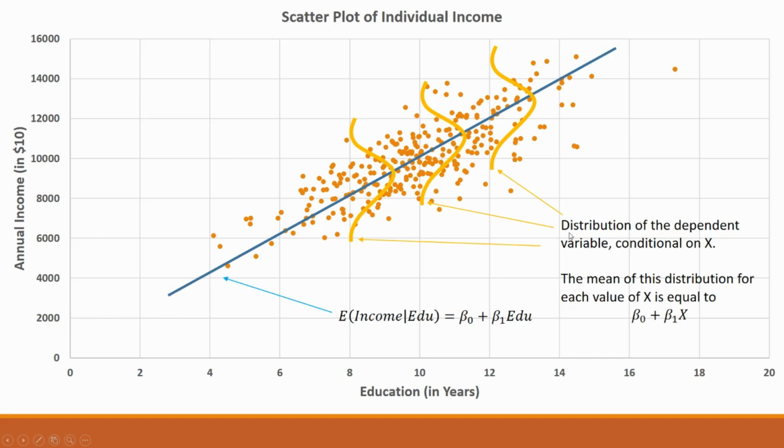Each of these is a distribution of the dependent variable conditional on x. That means it's a distribution of the dependent variable given a particular value of the independent variable. So the mean of each of these distributions, for each value of x, is equal to this.